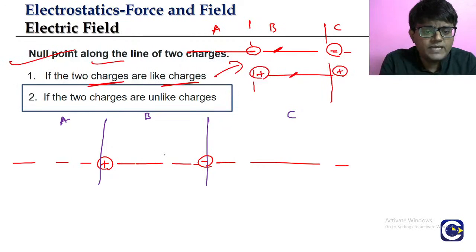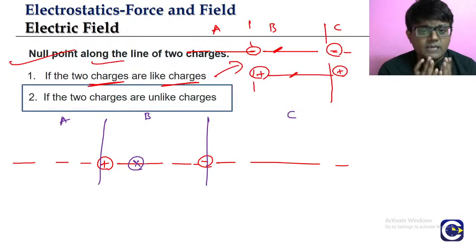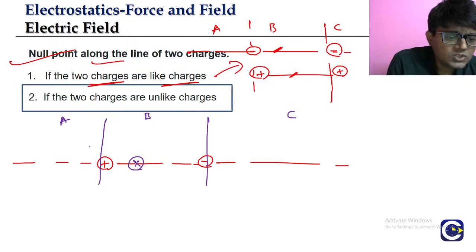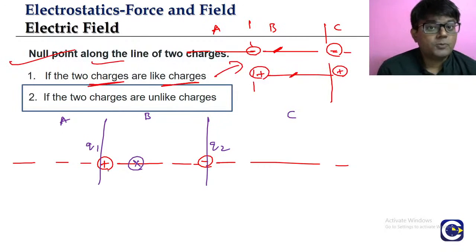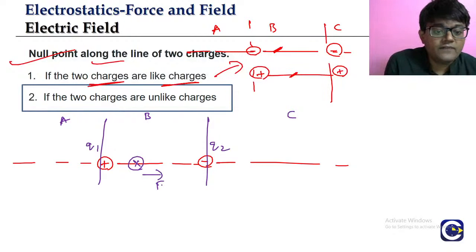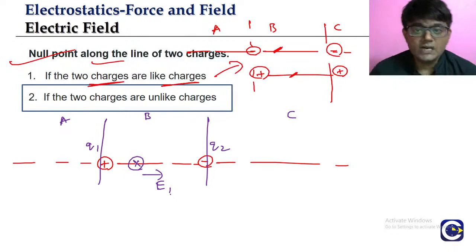Part B is the place where the null point will be found when we have two like charges. We have unlike charges, but first we will see. We'll take a point in region B. Say Q1, Q2. Q1 is positive, and the electric field developed by Q1 will be away from the charge.